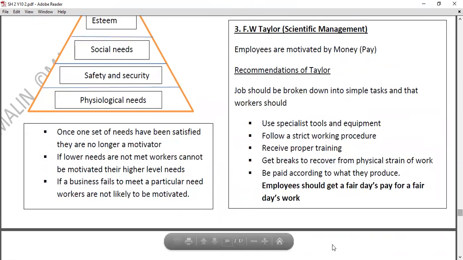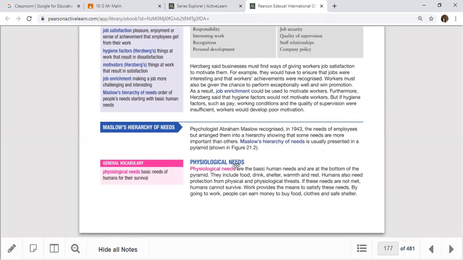Let's move on to the textbook description. The physiological need, spelled P-H-Y-S-I-O-L-O-G-I-C-A-L, is the body need, not the psychological need. So it's not a mental need, it's a body need. Basic human needs at the bottom of the pyramid include food, drink, shelter, warmth, and rest.